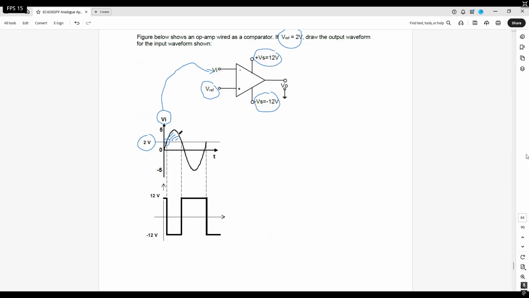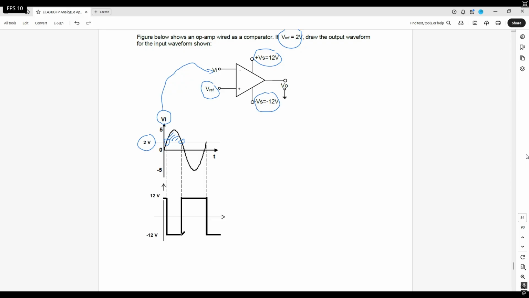The moment this signal comes back to here, what happened? Now it is below the reference voltage, that means Vi less than Vref, so you have an output of positive 12 volts.